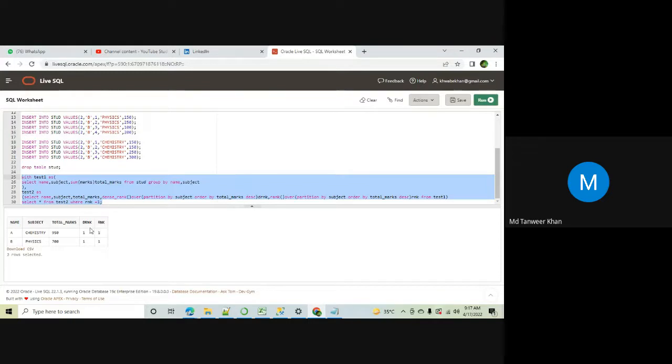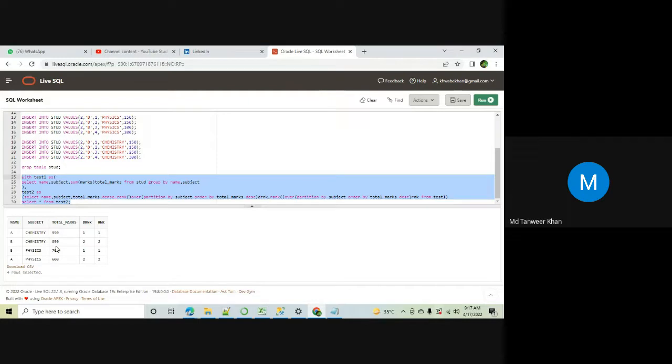See, rank and dense rank are both giving the same output, right? Yes or no? Yes.